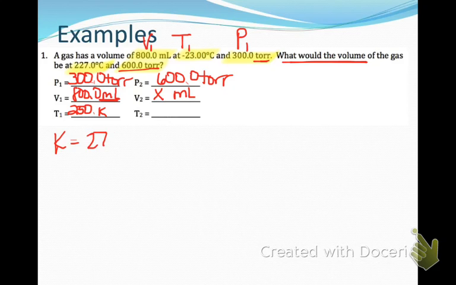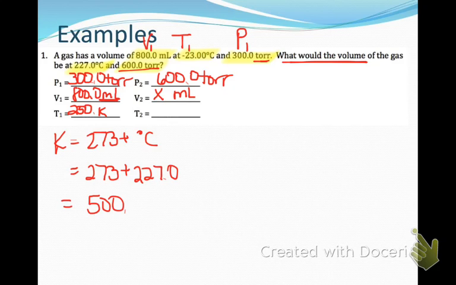So we had 273 plus the Celsius, so 273 plus 227.0 degrees Celsius. So go ahead and add those up. We actually end up having 500 Kelvin.